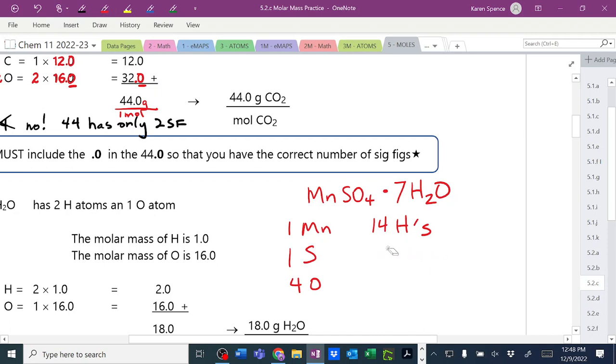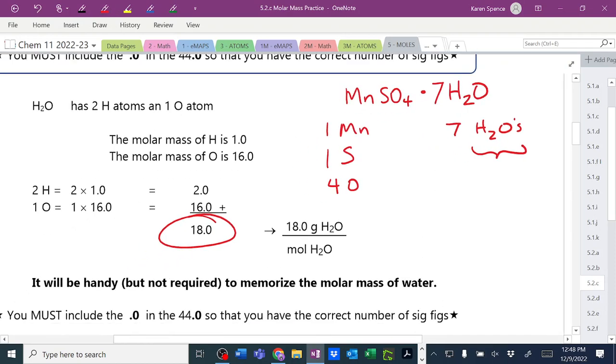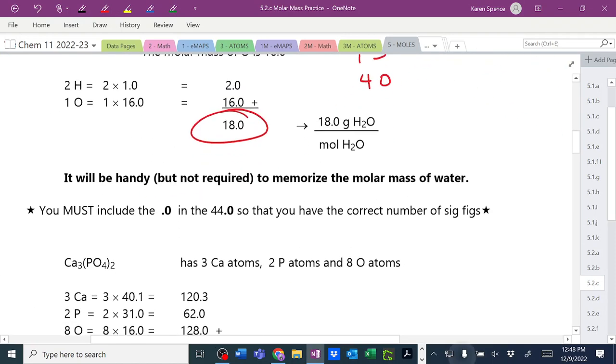Wouldn't it be nice if instead we could say, I have 7 H2Os, and I know that the molar mass of H2O is 18. And then I don't have to go through the whole rigmarole of adding up all my oxygens and my hydrogens separately. Okay, but either way you do it is fine. Okay.